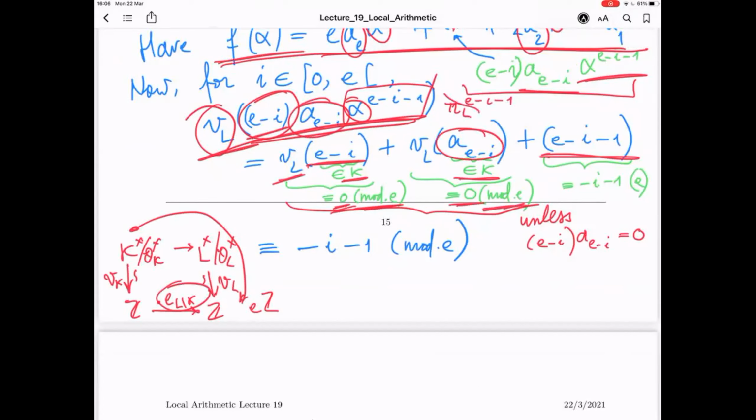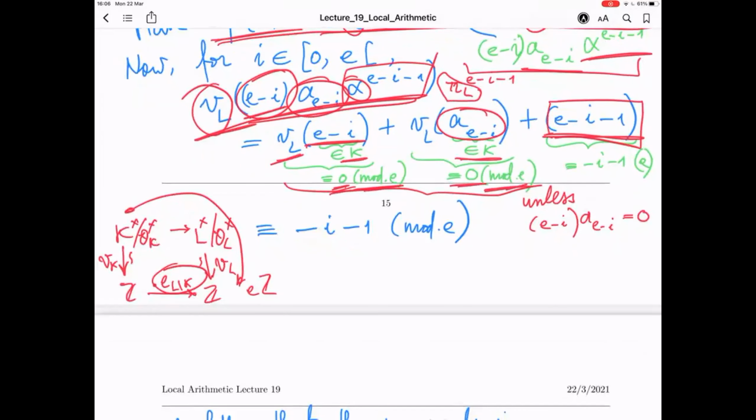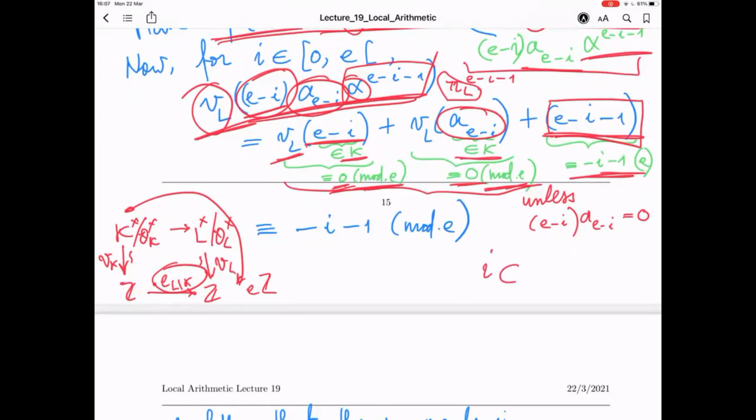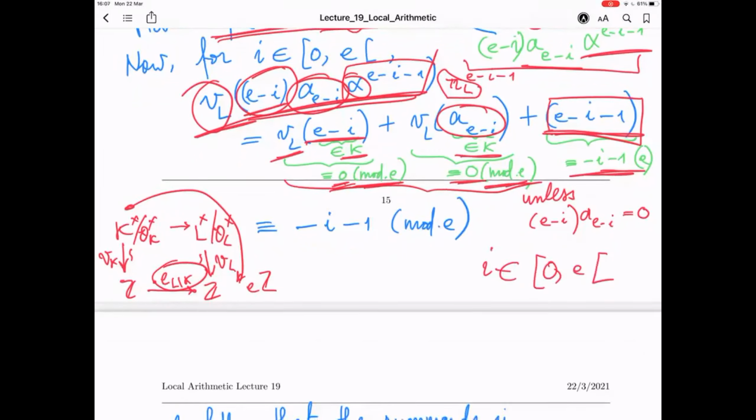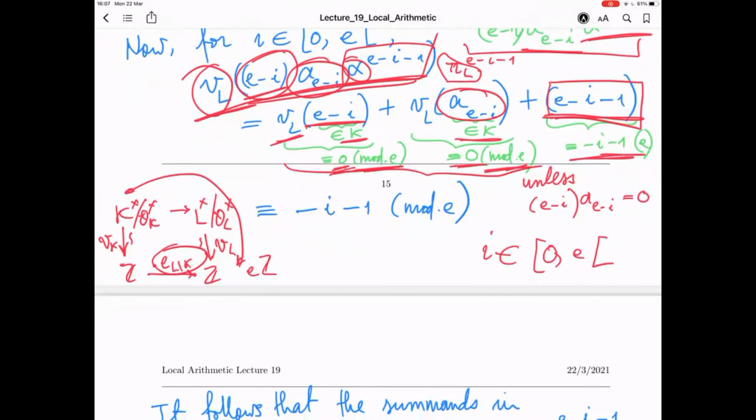So the valuation of pi L is of course 1. So the valuation of this power is just equal to the exponent. And what is it congruent to modulo e? It's congruent to minus i minus 1 modulo e. And i goes from 0 to e minus 1. So the whole thing, this is congruent to 0, this is congruent to 0, this is congruent to minus i minus 1. So the whole thing is congruent to minus i minus 1 modulo e.